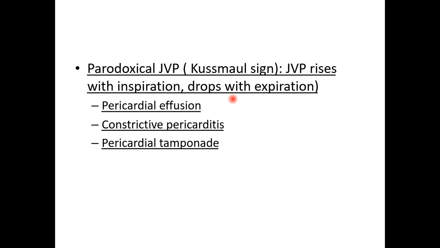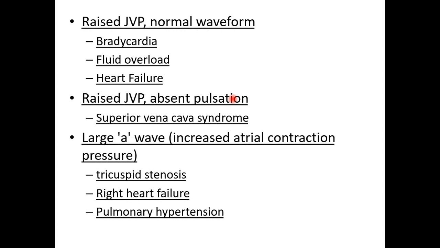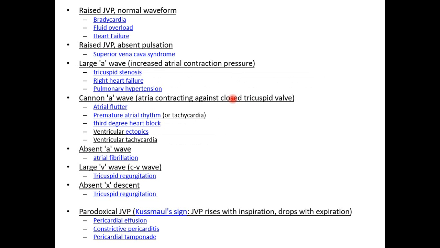Kussmaul sign occurs in pericardial effusion, constrictive pericarditis, and pericardial tamponade. So memorize them: pericardial effusion, constrictive pericarditis, and pericardial tamponade causing Kussmaul sign. These are the causes of elevated JVP, either in waveform or absent, just a single wave. And this is a very large A wave, and this is the cause of Kussmaul sign.